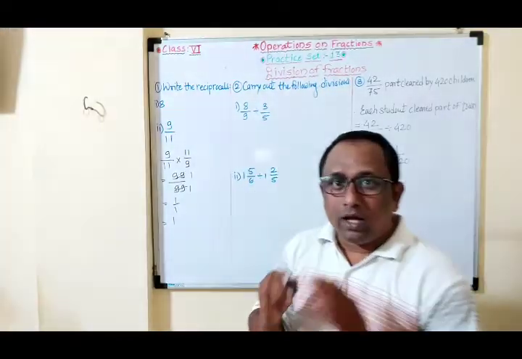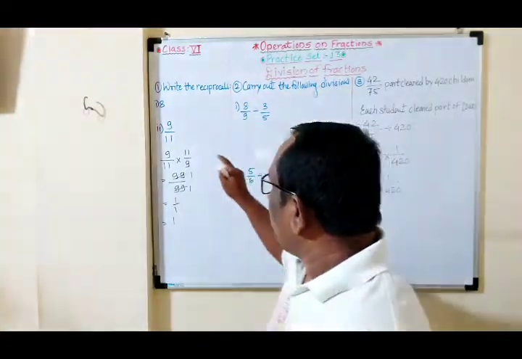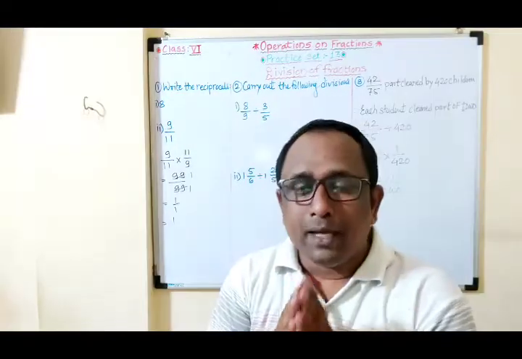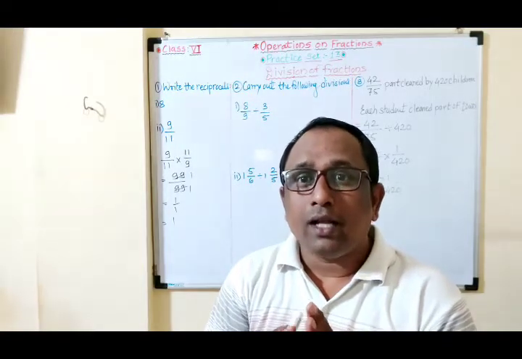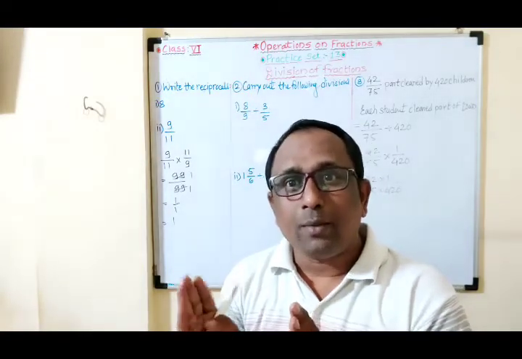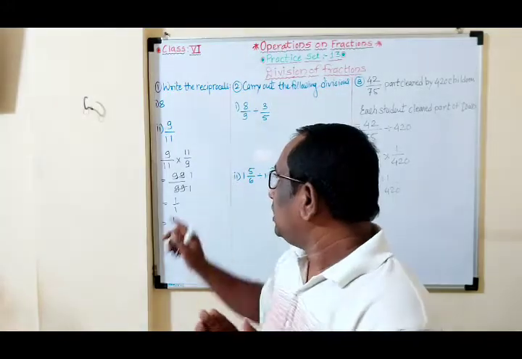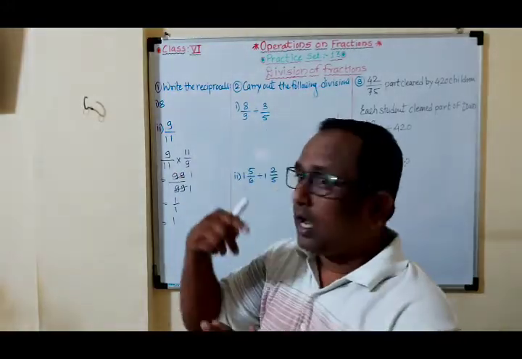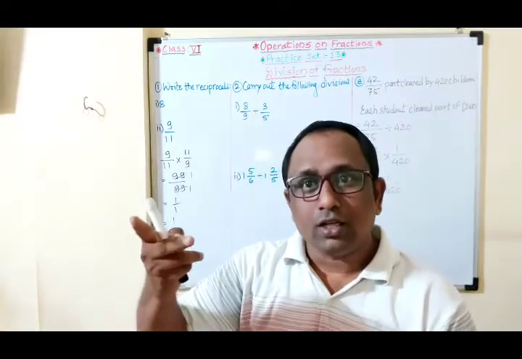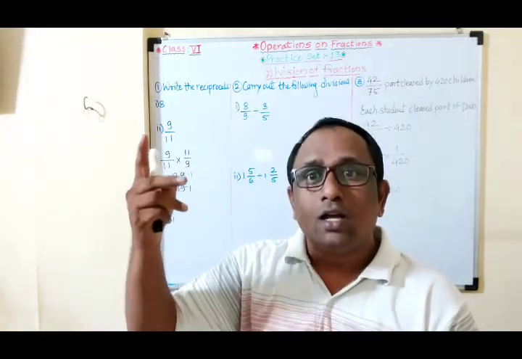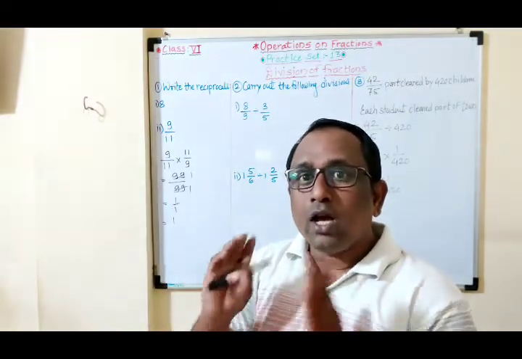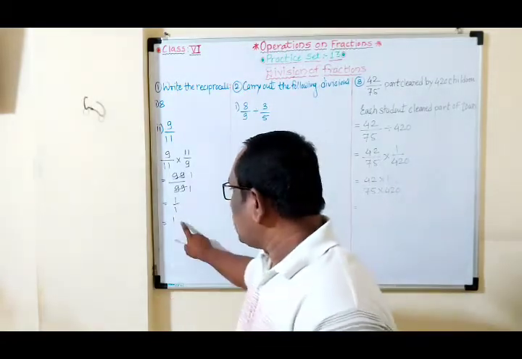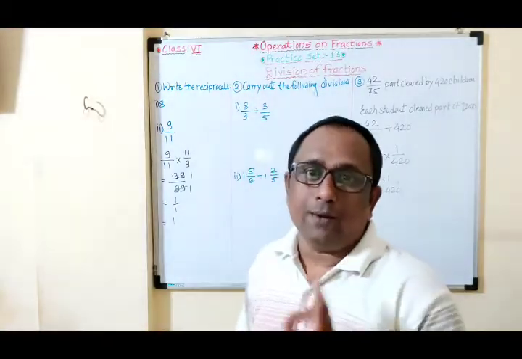Now see here, when we multiply a fraction by another fraction whose numerator and denominator are exchanged, meaning the denominator becomes the numerator and the numerator becomes the denominator, then the product we get is 1.